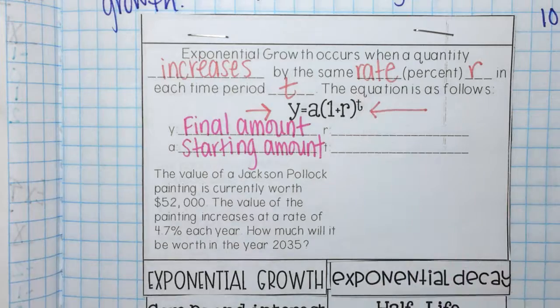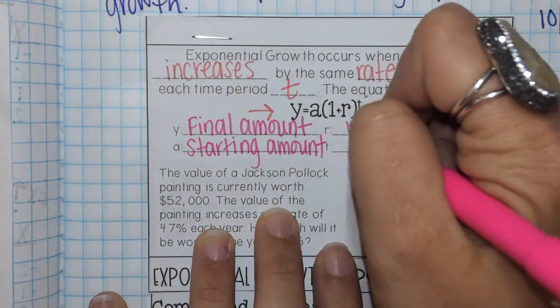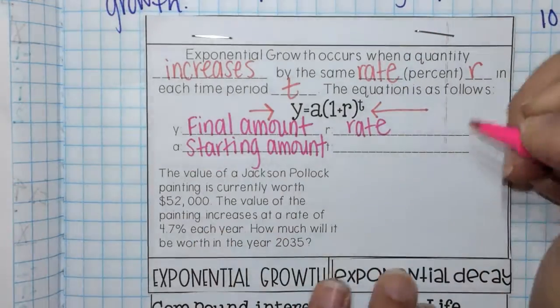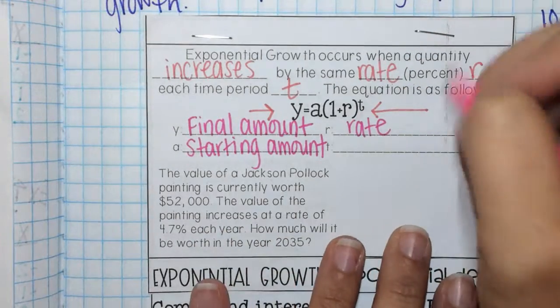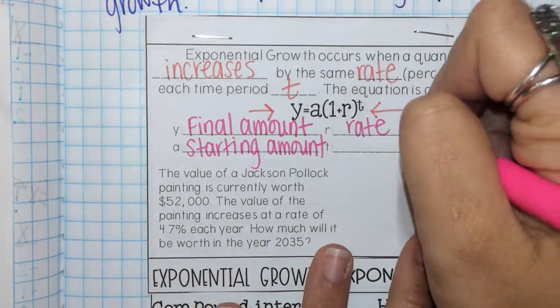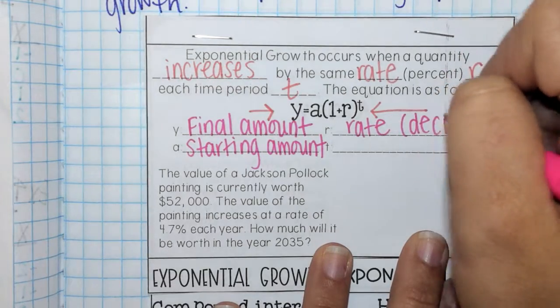What is R? What did it tell us our R was up there? Percent. That's your rate or percent. Good. And how do we write those? Do we write those as a decimal? Yes, you turn percents into decimals. So this is going to be a decimal.